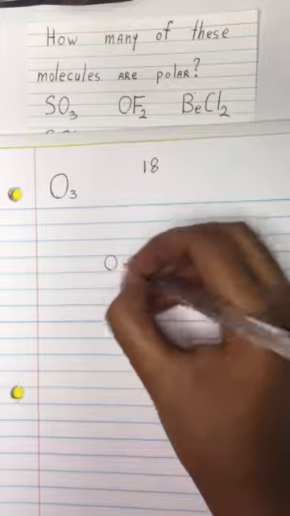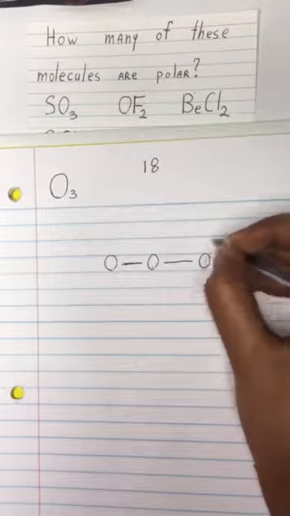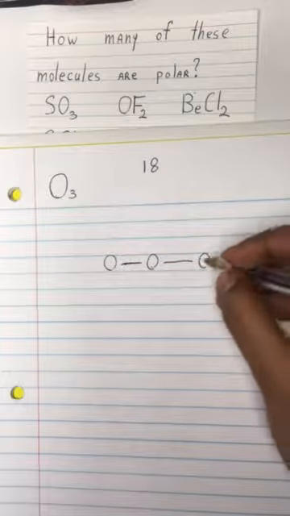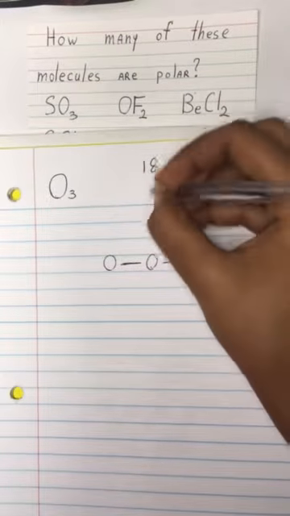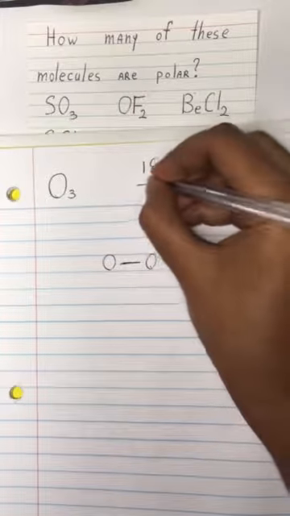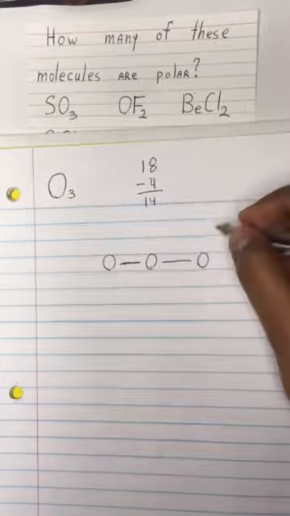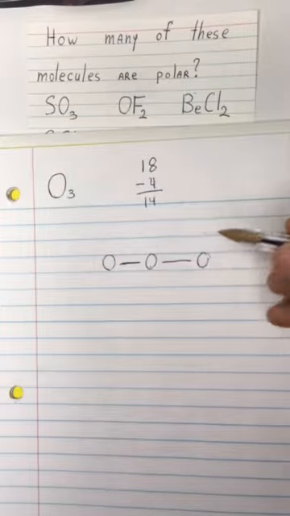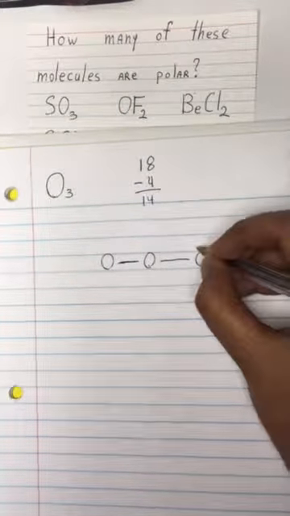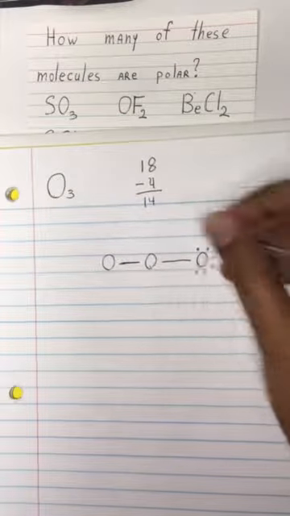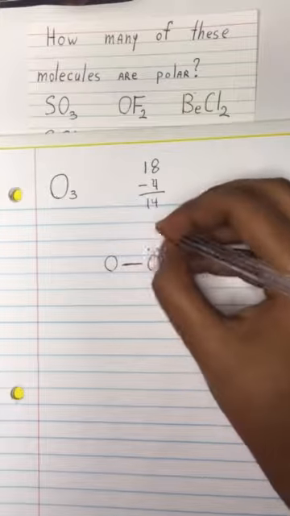Since they are all oxygen atoms, there will be 1 oxygen atom in the center with 2 on the sides, which will use up 4 electrons, which gives us 14 left over. Now we must place the leftover electrons first on the outside atoms to fulfill the octet rule.